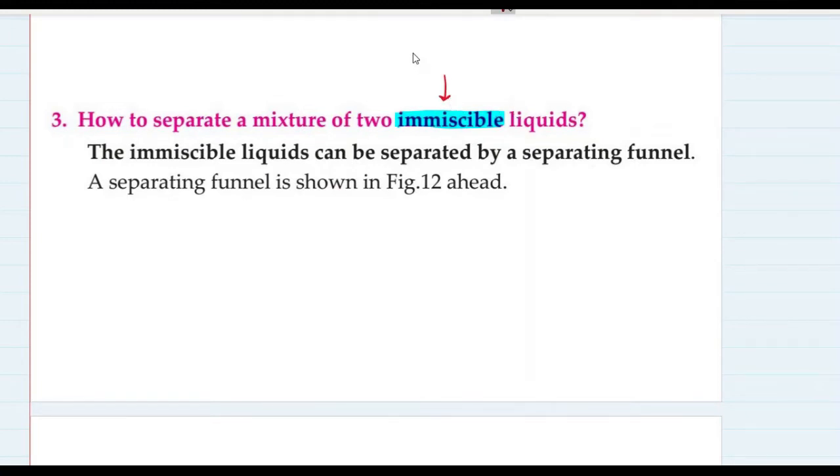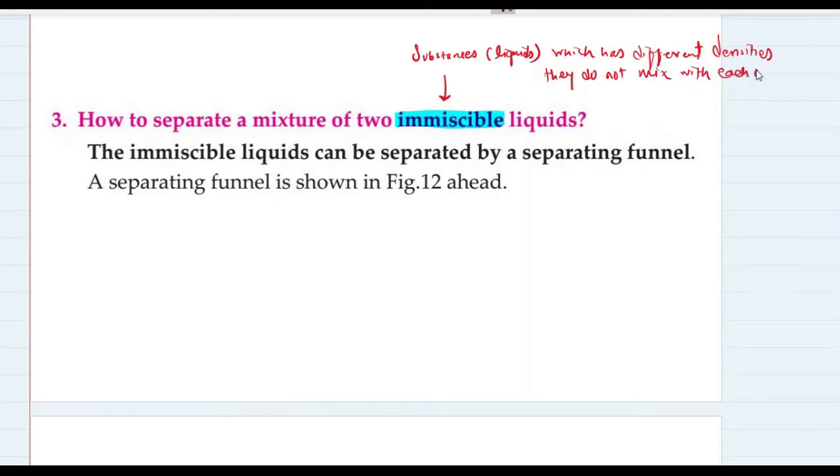Immiscible means the substances, generally liquids, which have different densities, and that's why they do not mix with each other.